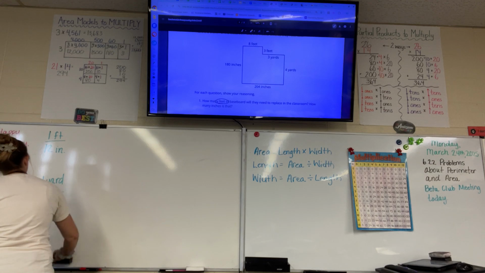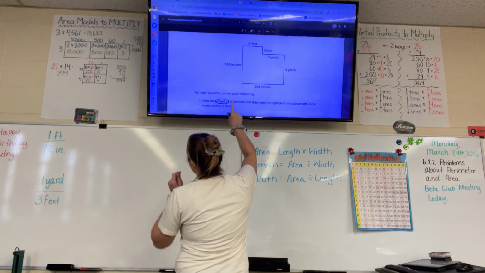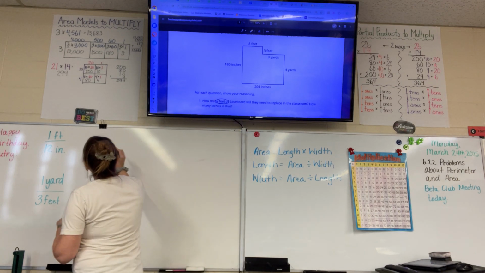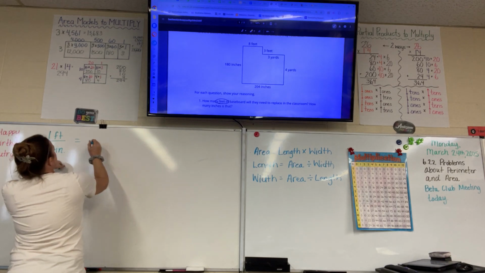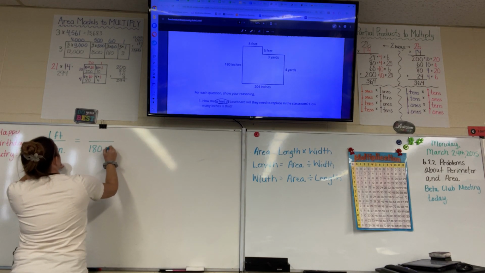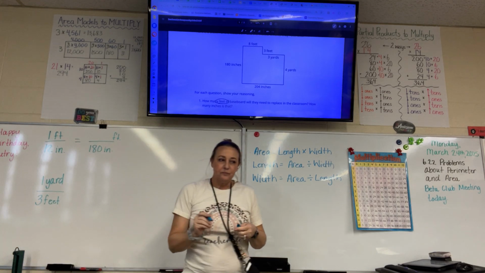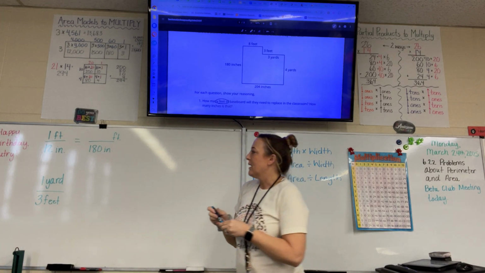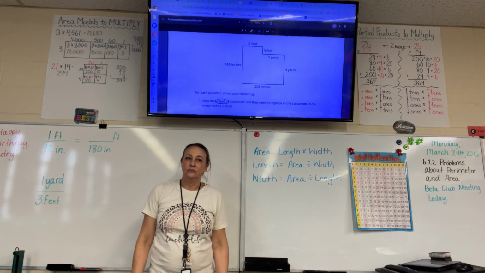So we're going to do the inches first. 1 foot is 12 inches. So 180 inches would be how many feet? What do we have to multiply 12 times to get 180?